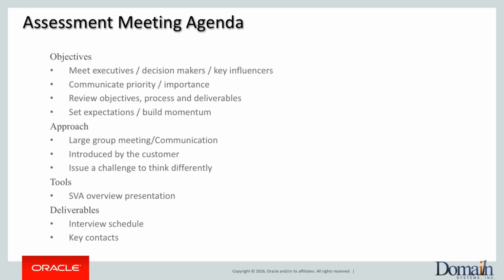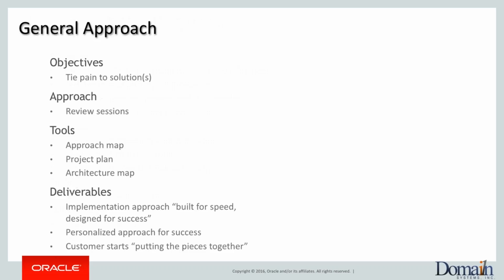So at the end of this initial meeting, we basically identify who we're going to interview and who are the key contacts. Now, the general approach to this is that we interview different people, talk to key people that are intimately involved with your process, and we tie pain to different solutions.